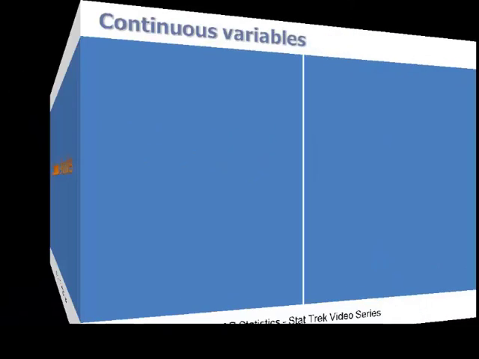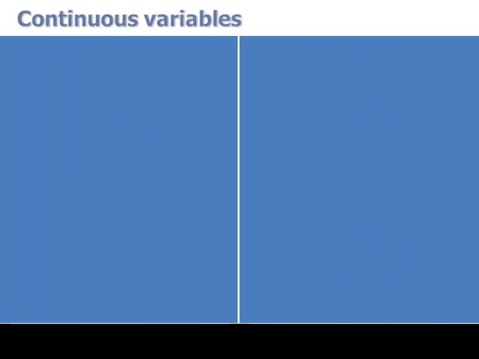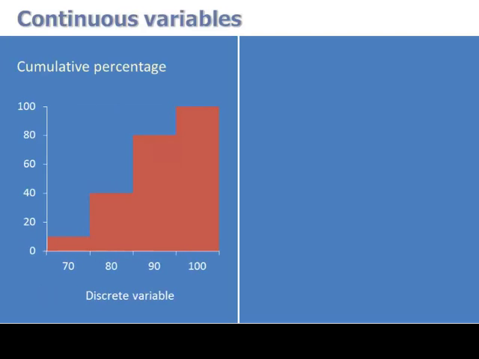So far, all of the cumulative frequency plots we've seen have used a discrete variable on the horizontal axis. Let's see what happens if we use a continuous variable. The chart on the left shows a cumulative frequency plot that we created previously using a discrete variable on the horizontal axis.